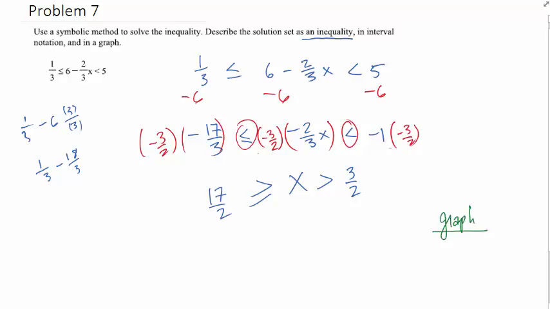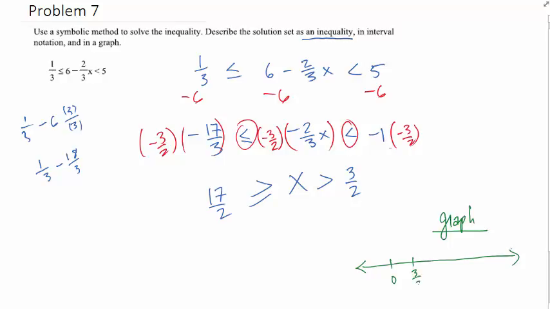The graph way of writing this, we have x is bigger than 3/2 and x is less than 17/2. So 3/2, let's anchor this with a 0. 3/2 would be on the positive side.